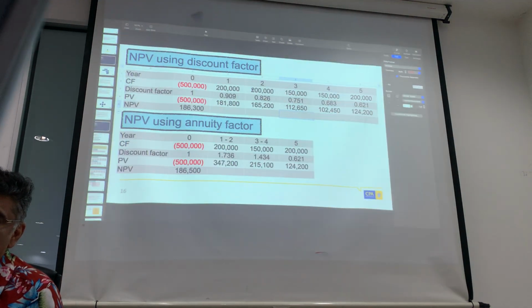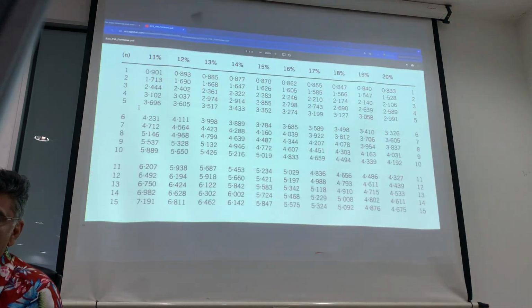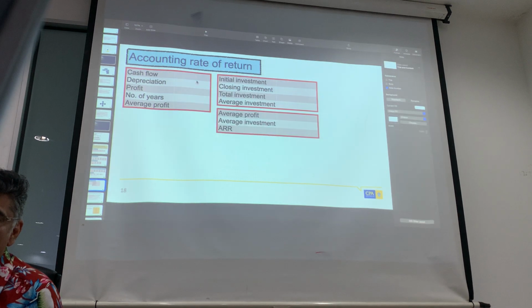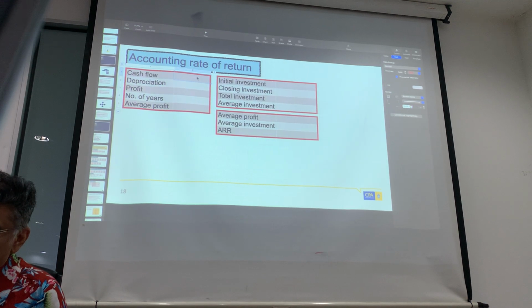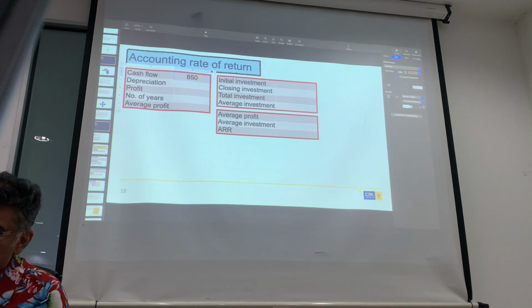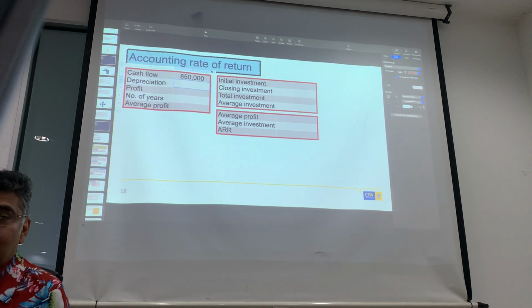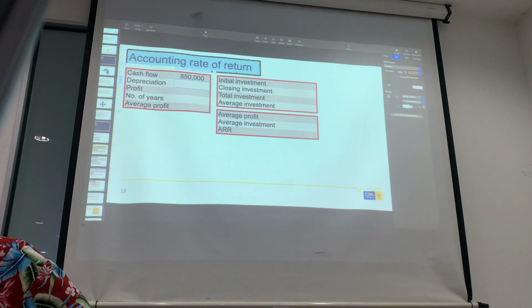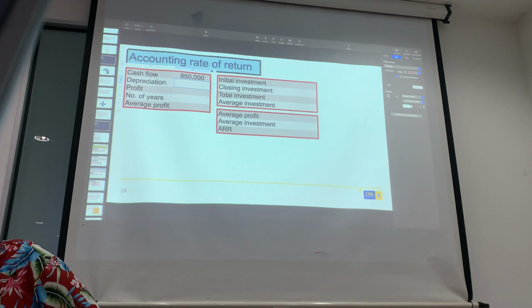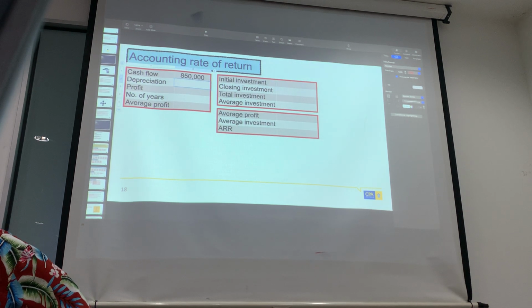Did you get 850? Okay, 850 is only cash flow from operations, correct? It doesn't include scrap. Scrap is not included inside here, correct?